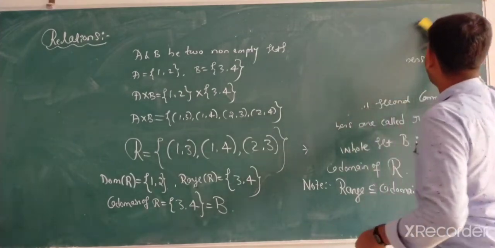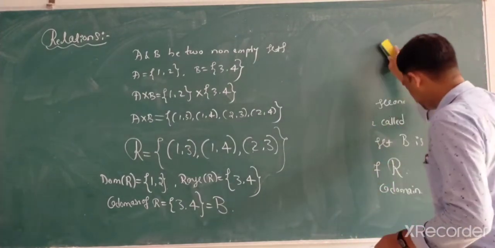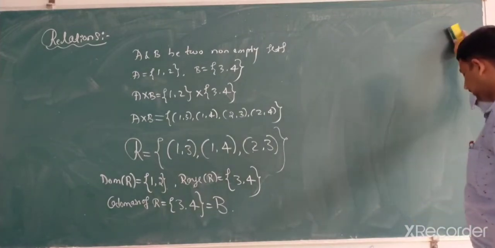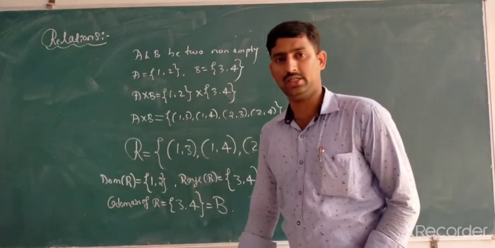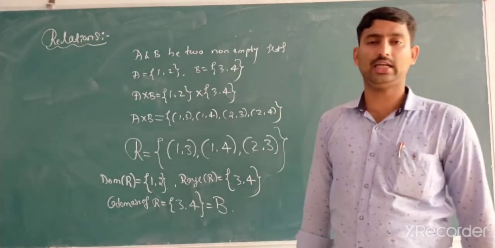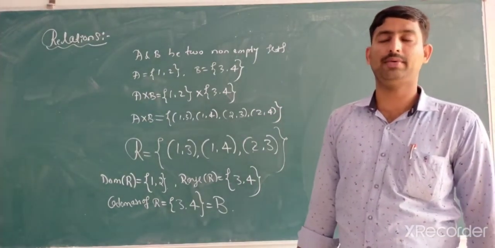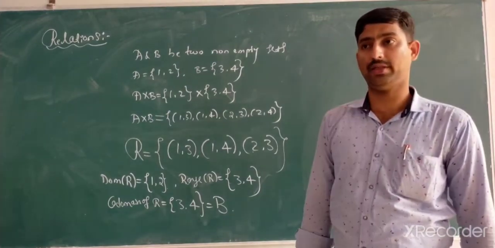Then how to represent relations? Relations can be represented with the help of a diagram or pictorial representation, which is a visual representation of the relation capital R. That is diagrammatic representation. Another one is the roster method, or tabular form.